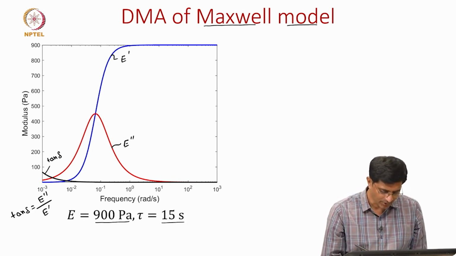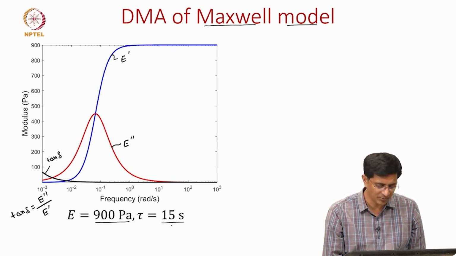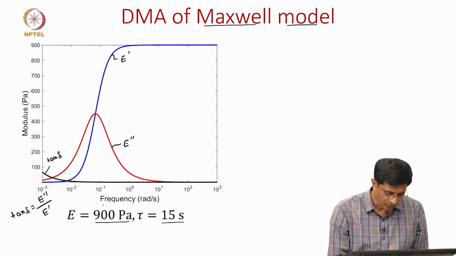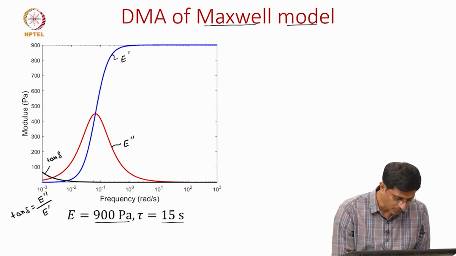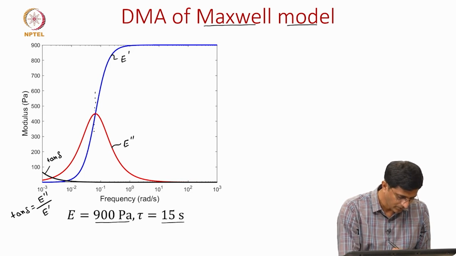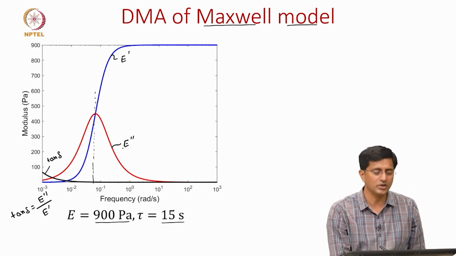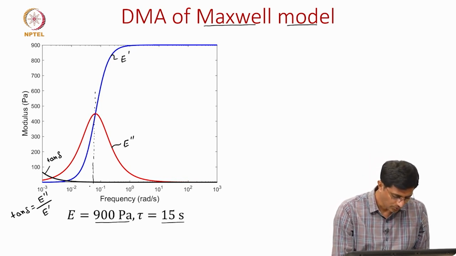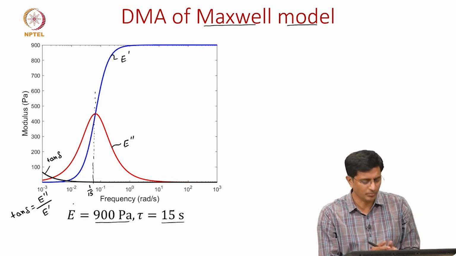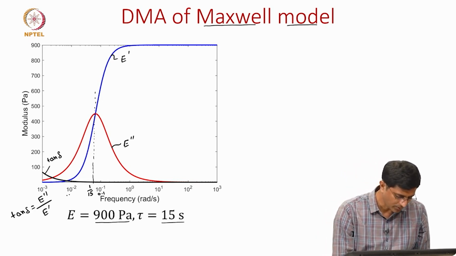So, let us see how is it related, because if we notice this relaxation time is 15 seconds, since we are focusing on the frequency, that value should be somewhere here. So, the value where we have seen the peak in the loss modulus curve, this corresponds to 1 by 15, which is between 10 power minus 1 is 0.1 and 0.01.